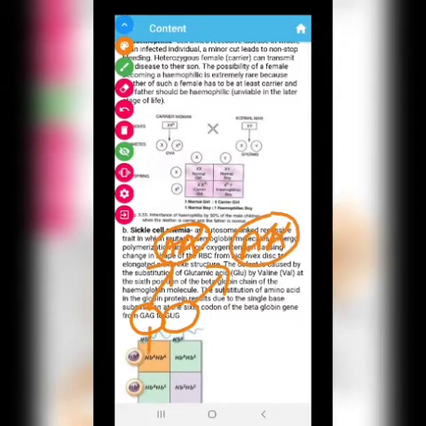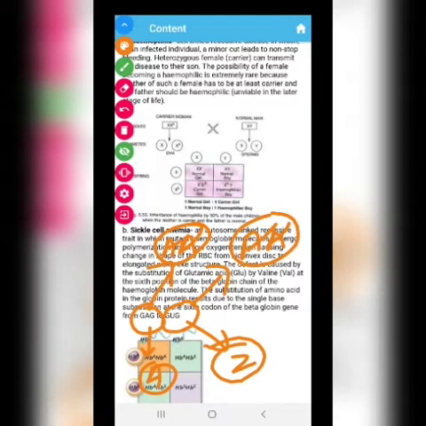So GAG can code, suppose, for A, then GUG will not code for A, it will code for Z. So in a normal sequence of DNA or sequence of RNA, if there is a change of one base only, A has been replaced by U only, the entire amino acid changes. So the entire globin chain also changes, and the entire hemoglobin molecule changes.